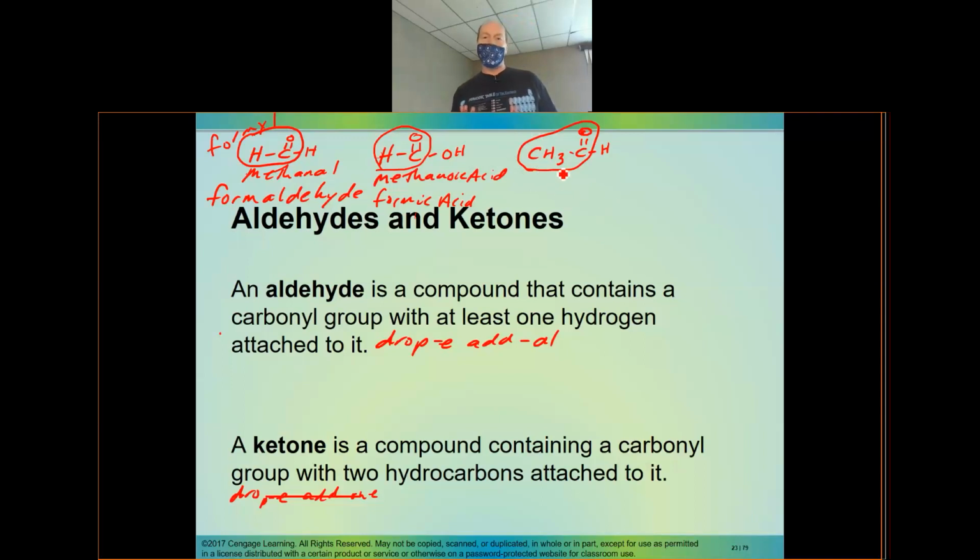The longest carbon chain is 2, so you have ethane, drop the E, add AL. This is ethanal. And so this is the acetyl group on this aldehyde, and so this is called acetaldehyde.